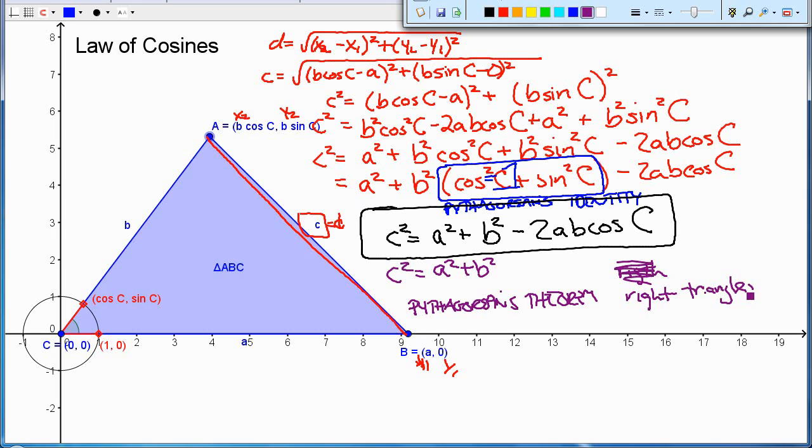Well, this formula, the law of cosines, can be used for any triangle. And because it can be used for any triangle, the only difference is you just have to remember one more piece. Just add on the minus 2ab cosine of C.